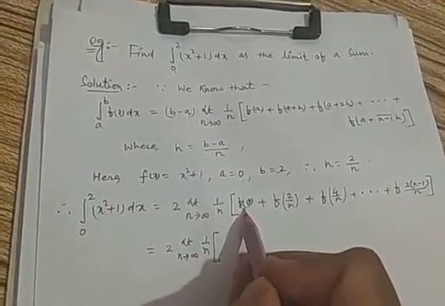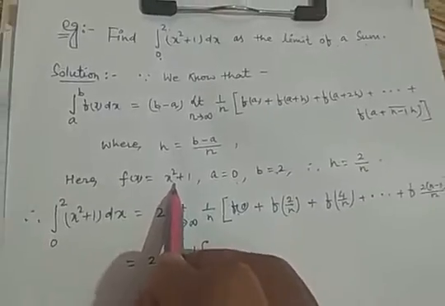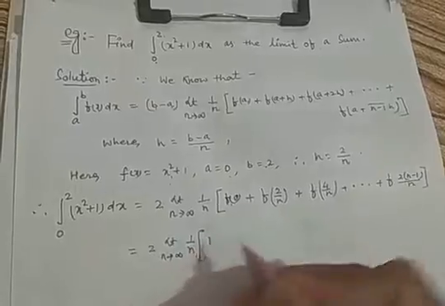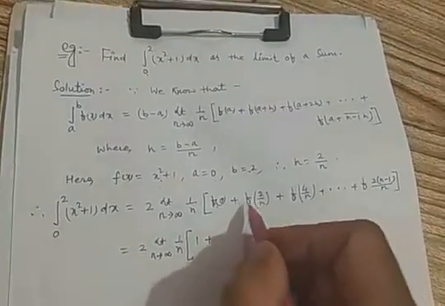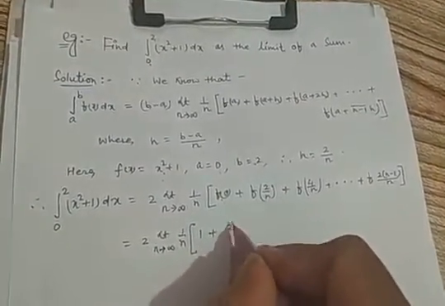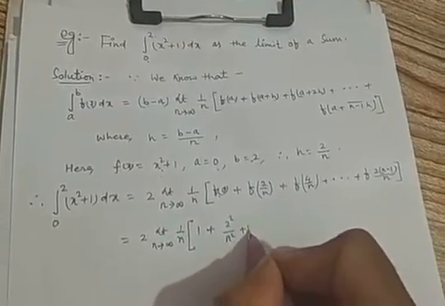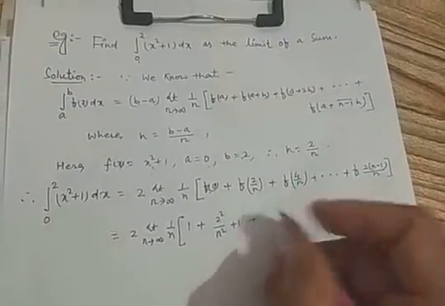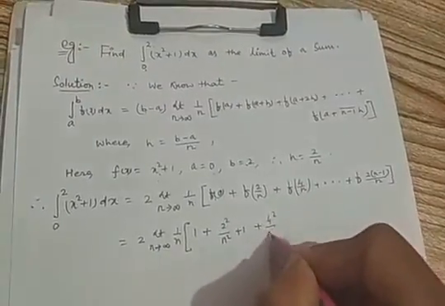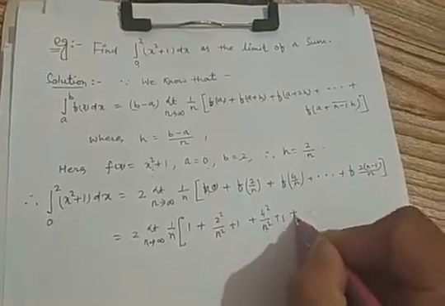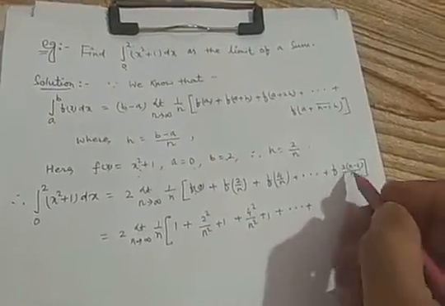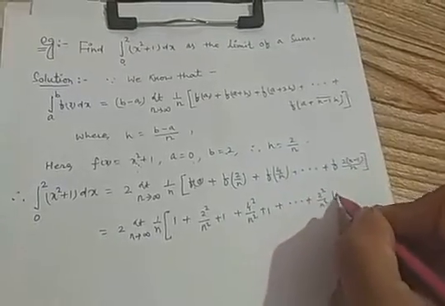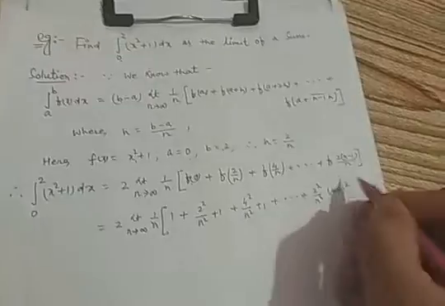The value of f(0) is equal to 1, plus f(2 by n) is equal to 2 square upon n square plus 1, and plus f(4 by n) is equal to 4 square upon n square plus 1, plus and so on, up to 2 square upon n square into (n minus 1) whole square plus 1.